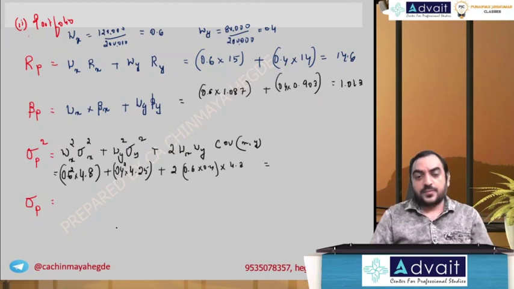So if I calculate, what do I get? 0.6 into 0.6 into 4.8 plus 0.4 into 0.4 into 4.25 plus 2 into 0.6 into 0.4 into 4.3. That gives 4.472, I think.